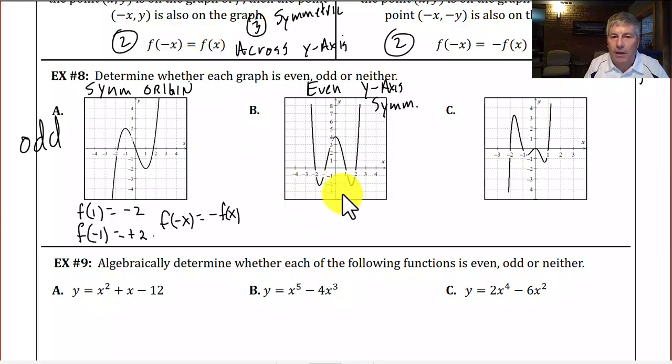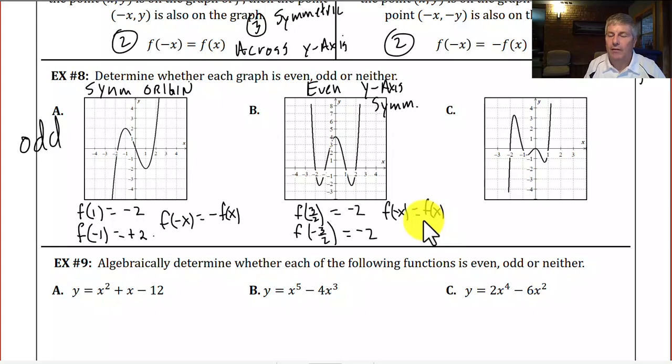So if we used f of 3/2, it appears to be about -2. So that would mean that f of -3/2 better also equal about -2, and it certainly does. So f of the opposite of x is still equal to f of x.